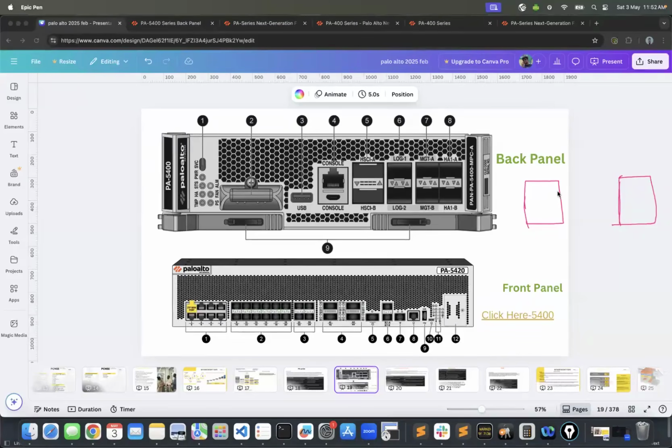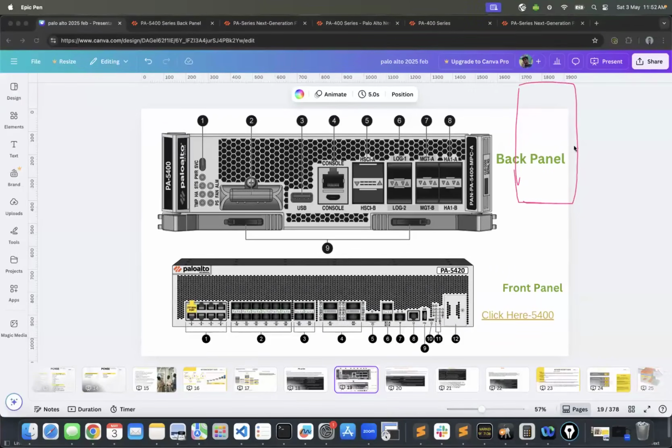Okay. So interconnection-wise, you have to physically connect HA1 to HA1, HA2 to HA2, and the third one, HSCI to HSCI, and the fourth one, backup HSCI to backup HSCI. 1, 2, 3, 4. Actually, how many connections will there be? Let me draw.